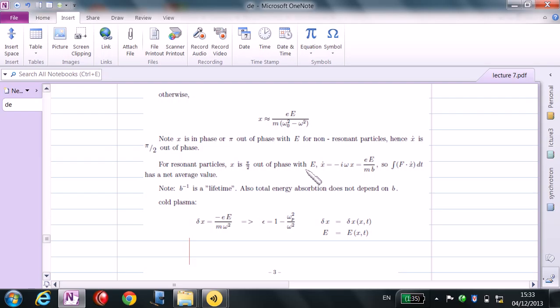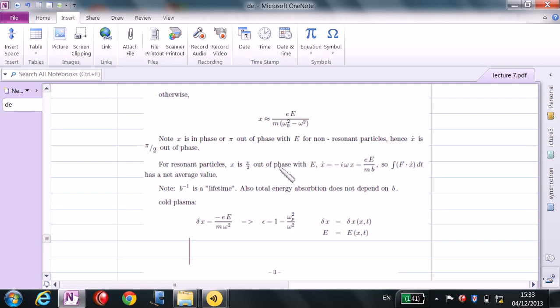But basically, for resonant particles, if you start without any initial conditions, then when you finally get activity in particles, the resonant particles will be 90 degrees out of phase with the electric field, with the force, which means that the velocity will be in phase with the force at all times.